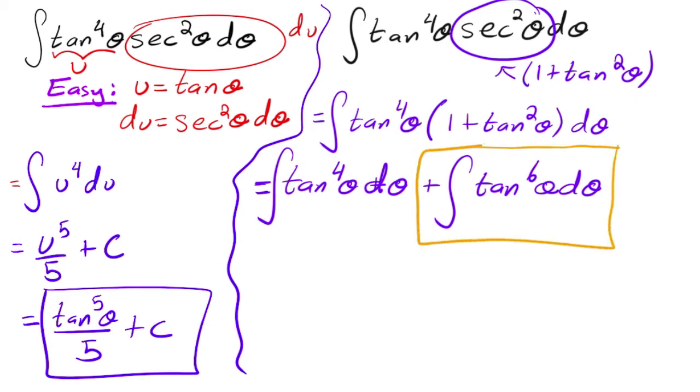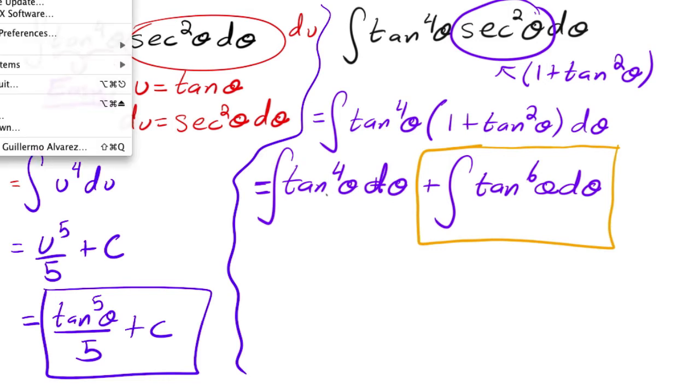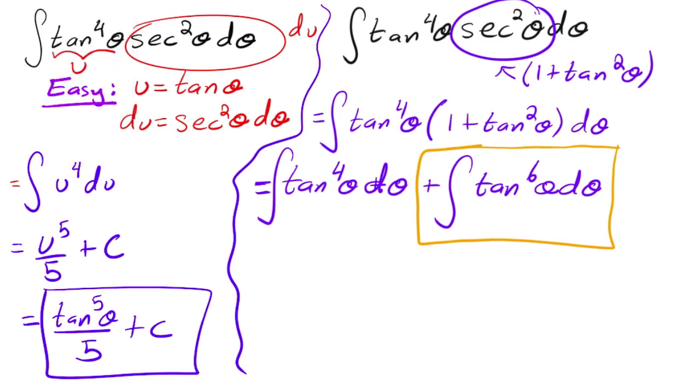Well, when you use the reduction formula on this integral, the integral that's going to be left over is going to be a tangent to the fourth, right? Because you reduce the degree by 2. And so that one you're going to be able to combine with this tangent to the fourth. Isn't that great? Okay, so then I'm just going to leave this one alone for now.